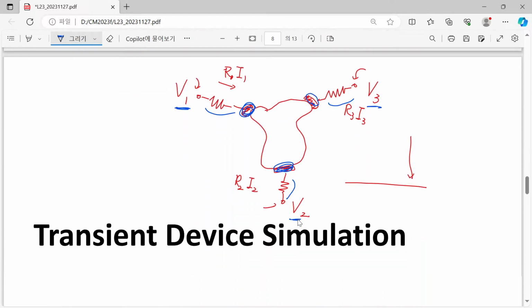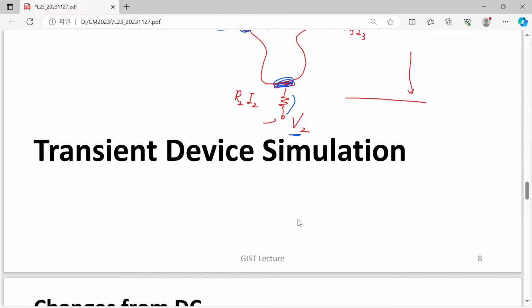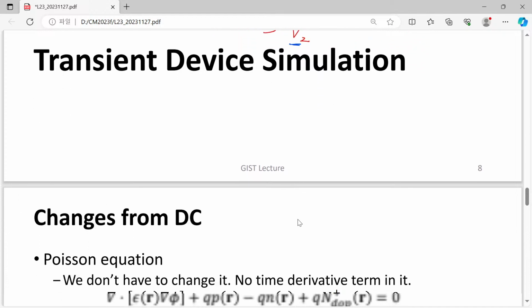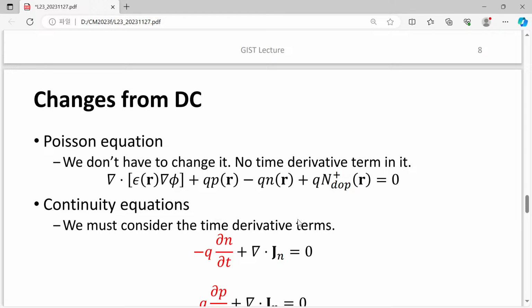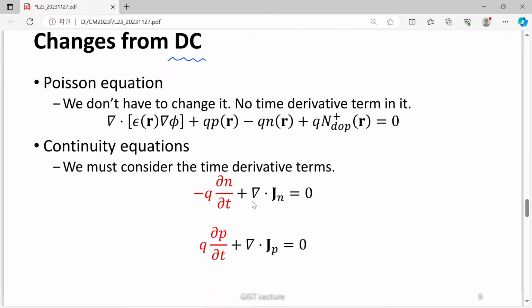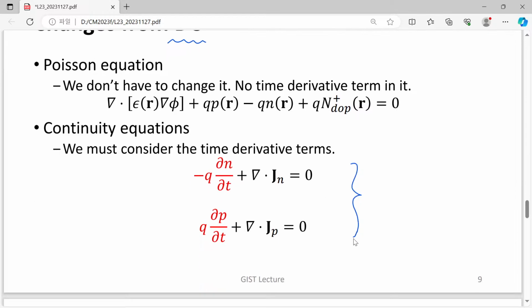Okay, now let's go to transient device simulation, the main topic of our lecture. Now that we can even consider the resistances attached to our terminals, how can we consider transient simulation for a circuit? Simply speaking, compared with the strategy for steady-state simulation, the only difference in the internal equations comes from the continuity equation.